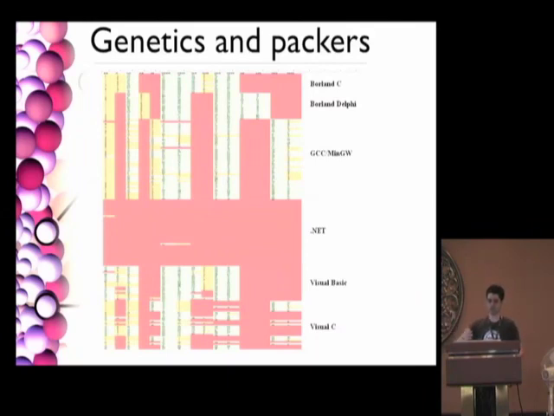As you can see, there are columns tied to Borland, others tied to GCC or Visual Basic. And as a funny thing, in the down right part, you can see Visual C. We used Protection ID, I don't know if you know it, probably yes. It's a kind of PID, but it works a bit better in compiler detection.